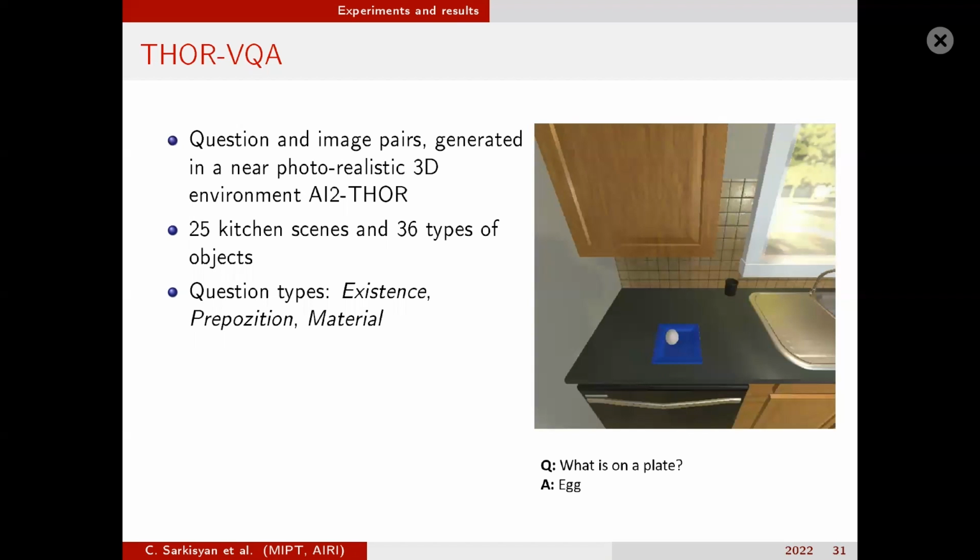The second visual question answering dataset was generated in a near photorealistic 3D environment, AI2-THOR. For question generation, 25 kitchen scenes and 36 types of objects were used. In experiments, we used 3 types of questions that are existence, preposition, and material.